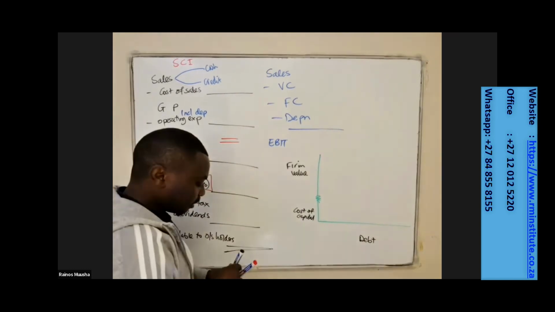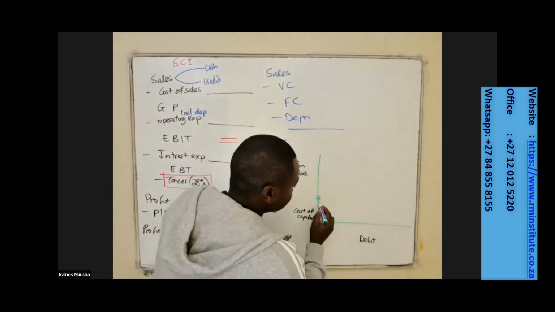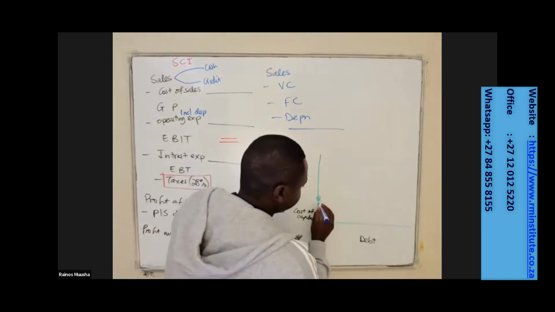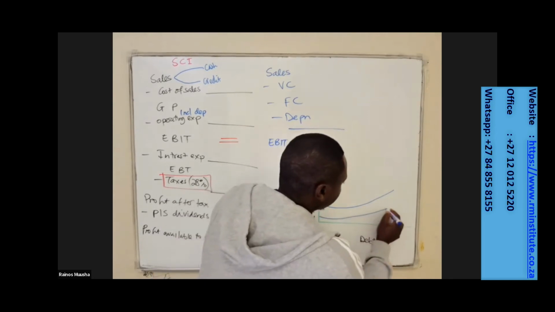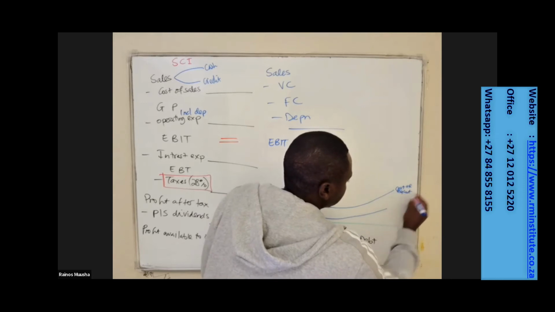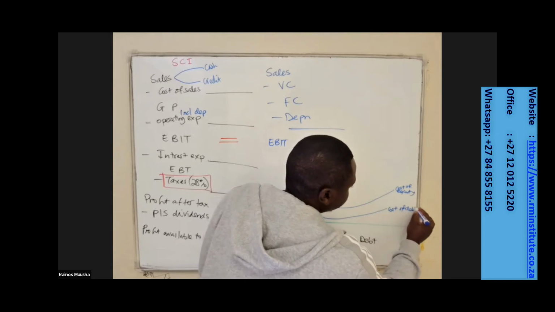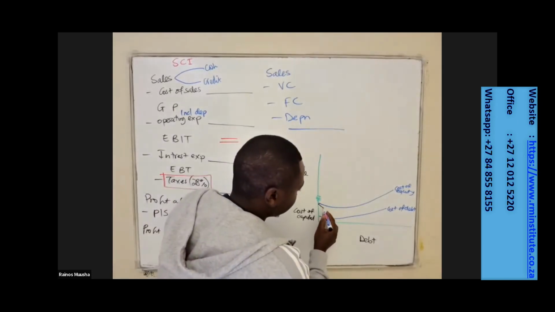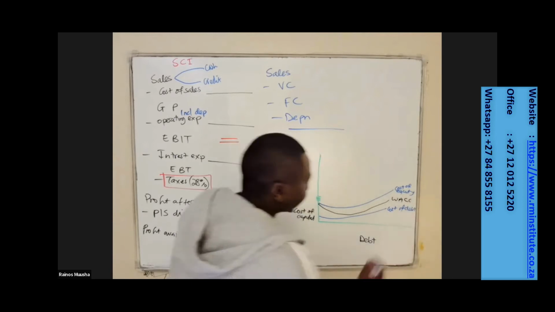When it comes to the cost of capital, we have the cost of equity, and we also have the cost of debt, and we also have the weighted average cost of capital.